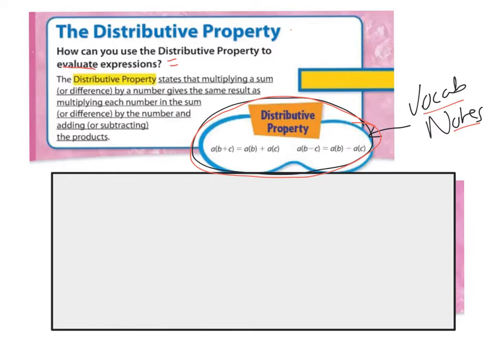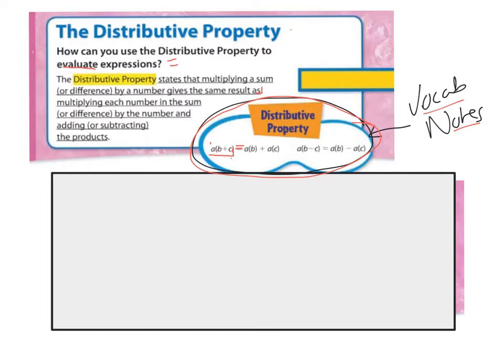Well, the distributive property states that multiplying a sum or difference by a number gives the same result as, let's stop there. If you didn't really catch what I just said, multiplying a sum, which is these two numbers right here added together, by a number, which is a, gives the same result, which means equal, as multiplying each number in the sum or difference by the number and adding or subtracting the product.